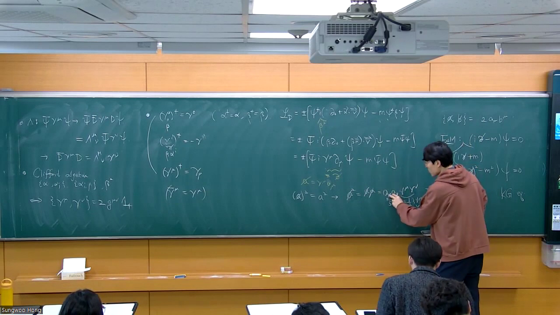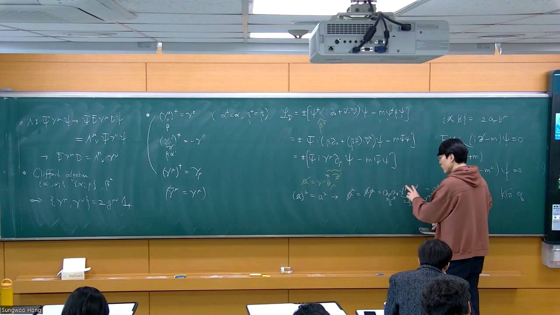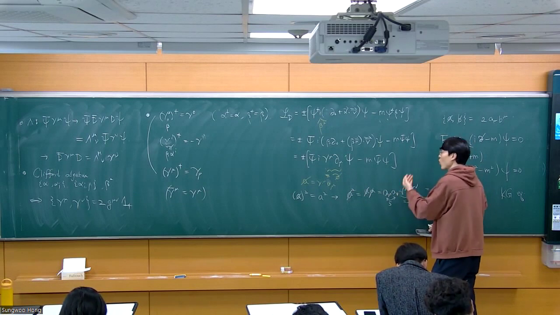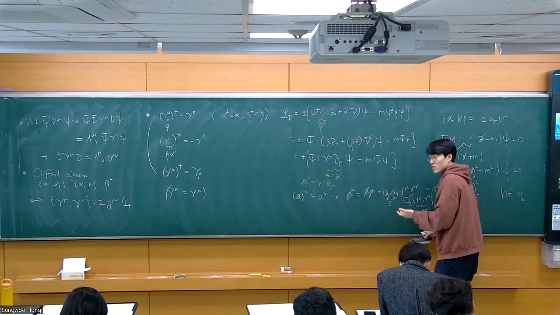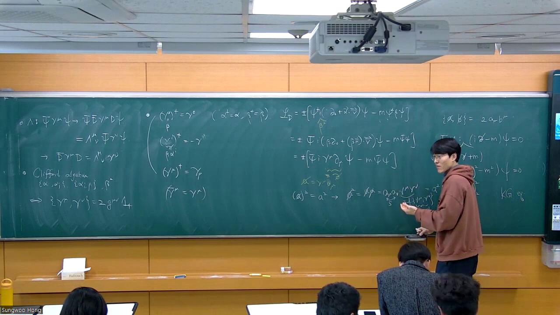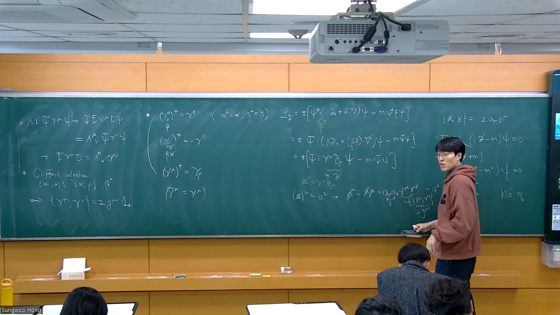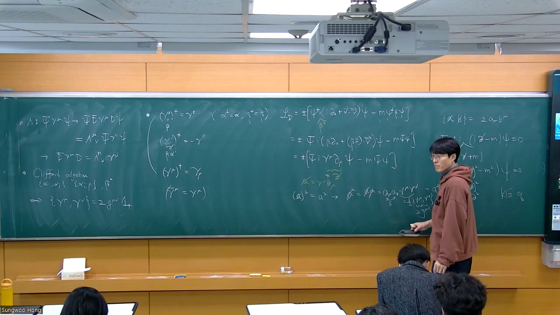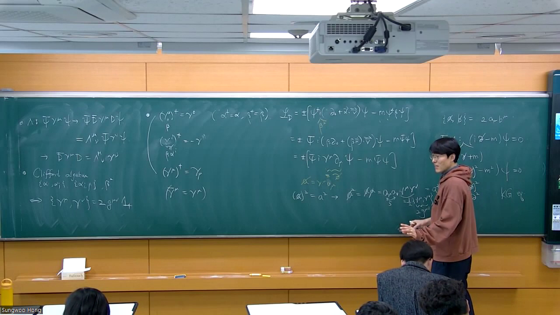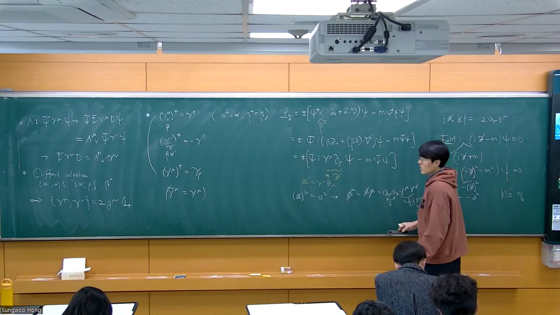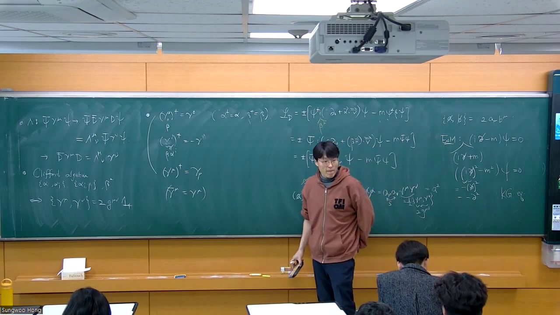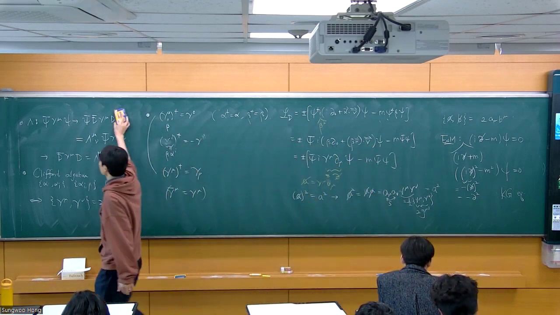Four numbers combined into a vector, and the 4 by 4 matrices combined into a vector-valued 4 by 4 matrix. And a number commutes with the matrices, so I can pass it. Does that make sense? Good. Any other questions? All right. Good.